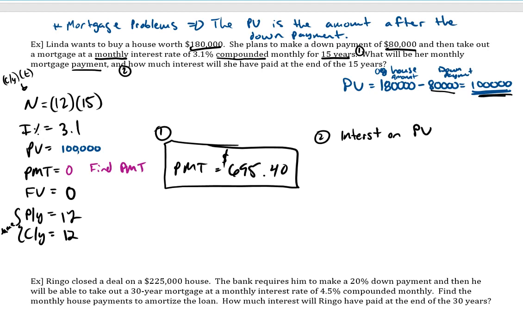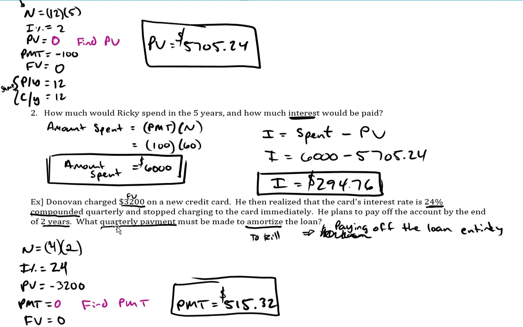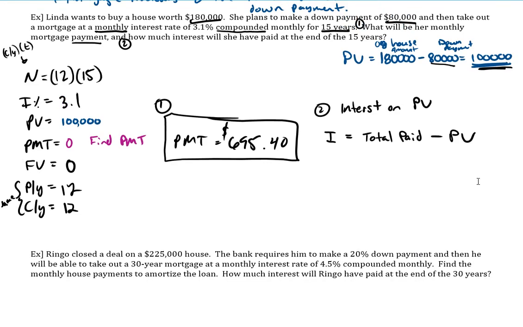But the way that we want to deal with this, let's write it like this. We'll do capital I for interest is equal to the total paid minus the present value. If you're going in order of these videos, I wrote it as amount spent last time. So total paid or amount spent, different wordings that mean the same thing.